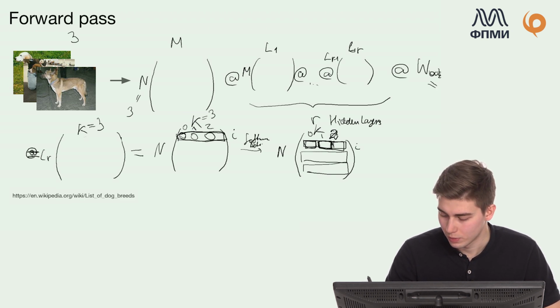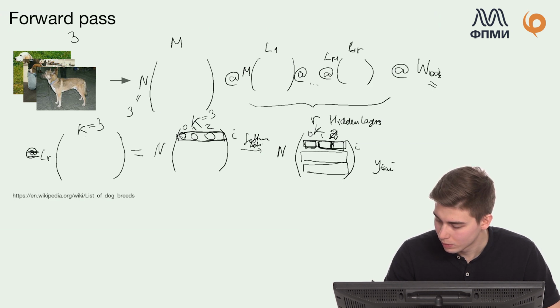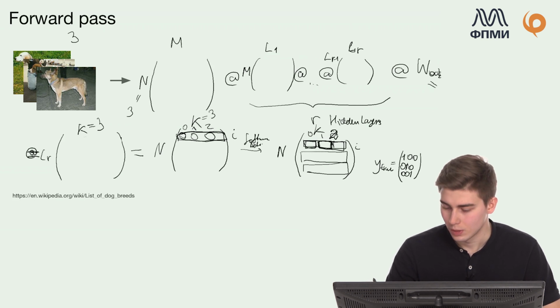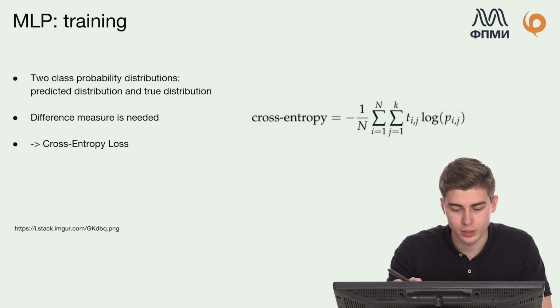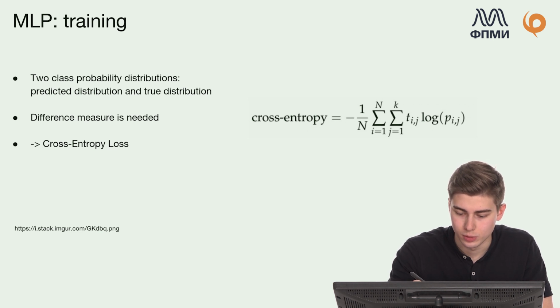Remember that we have the one-hot encoded matrix with zeros and ones. And now we want to train our network to recognize the images. So we want our network to predict the correct classes. In order to train our network, we need the correct loss function. So for each object we have the true probability distribution.